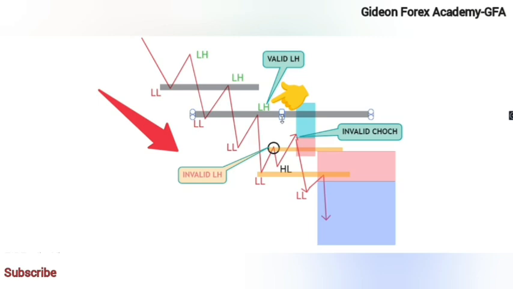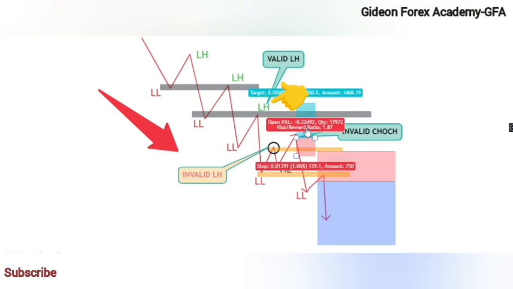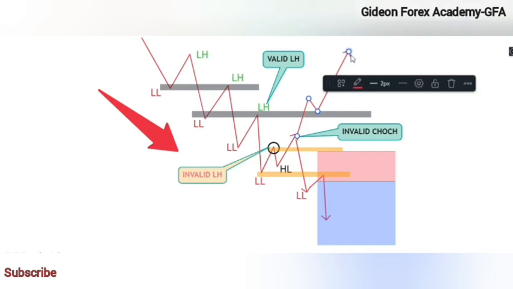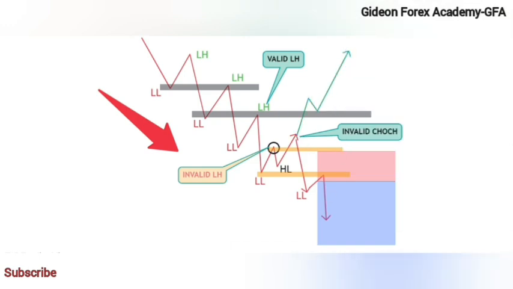This is the valid lower high right here, this level here, okay? So this would be the valid one, the valid change of character. The price would break above here, then you'd wait for a retest before you can consider buying to the upside. So this would be the valid change of character.